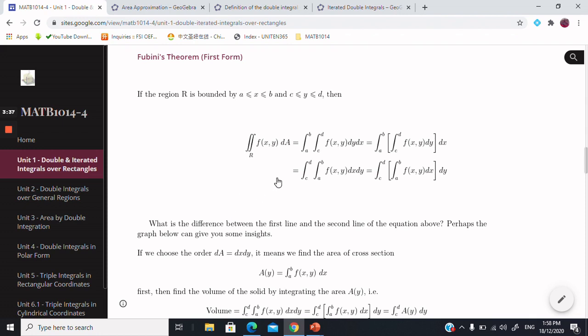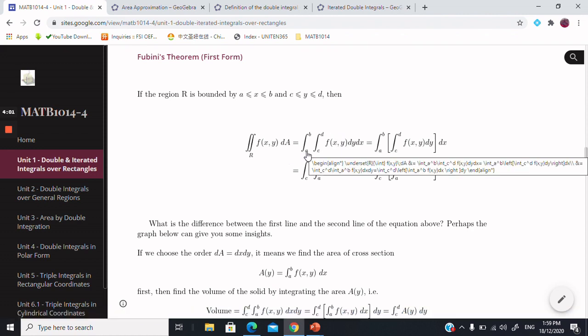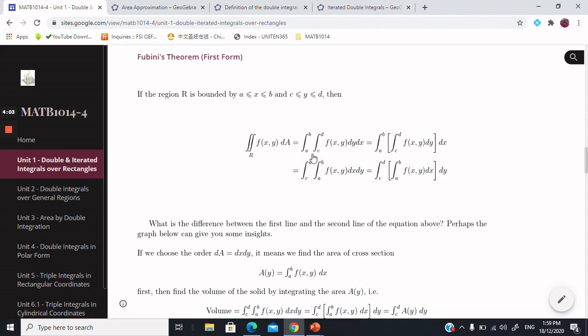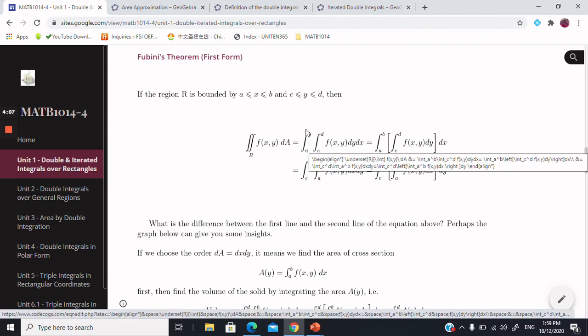If the order of integration is determined, then the limits need to be put in. For example, if the differentials are arranged in the order of dy dx, then the inner integral sign and its limits y equals c and y equals d are for the variable y, whereas the outer integral sign and its limits x equals a and x equals b are for variable x.